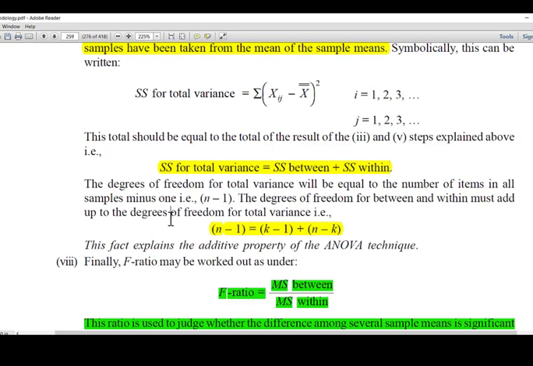And the degrees of freedom for total variance will be equal to the number of items in all samples minus 1, that is n minus 1. These are the degrees of freedom for this total variance, whereas k minus 1 is related to this SS between and n minus k is related to SS within.